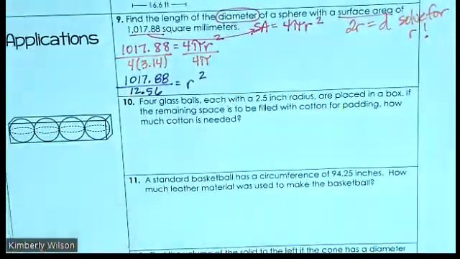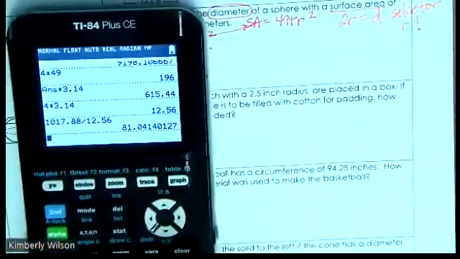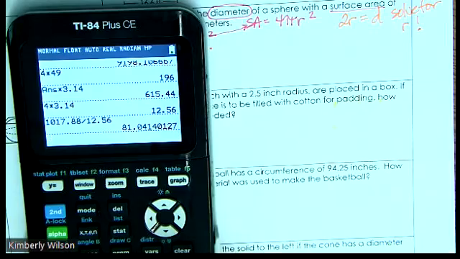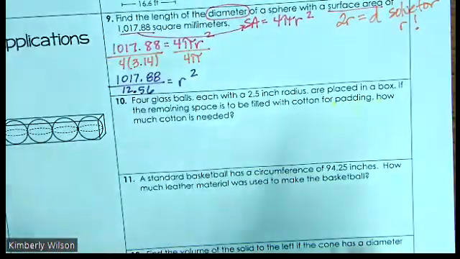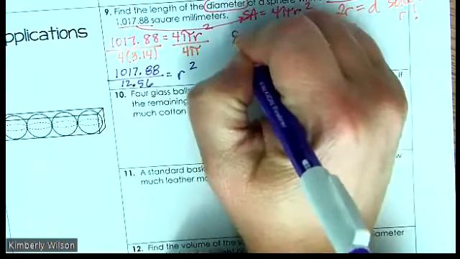Okay, so I'm going to do 1017.88 divided by 12.56, enter, which gives me this decimal right here. But remember, we use 3.14 instead of pi, so we're going to just treat this as 81. So we have 81 equals r squared.